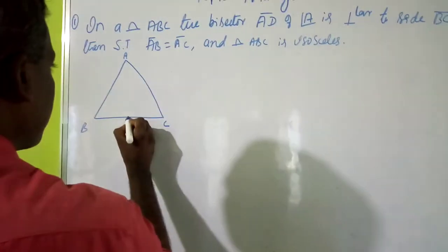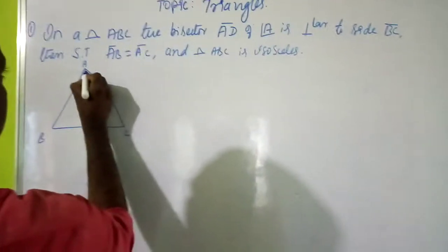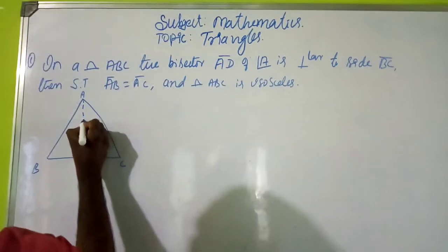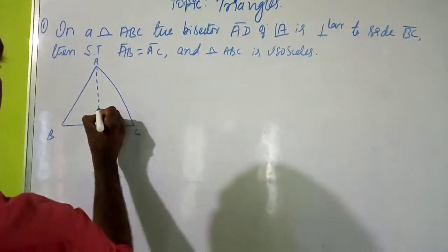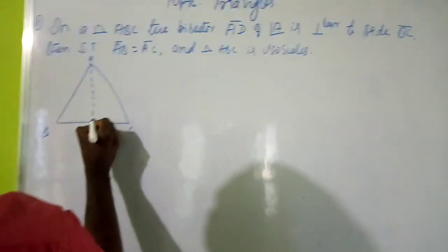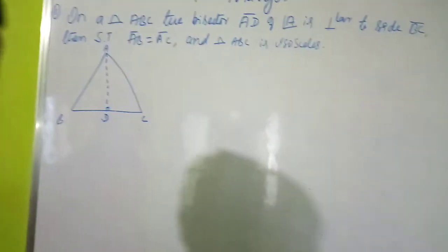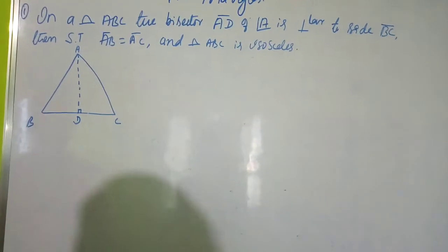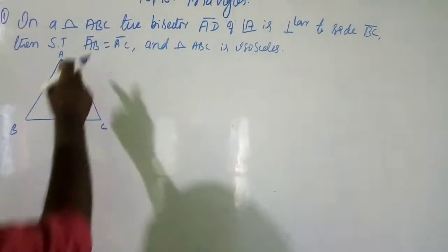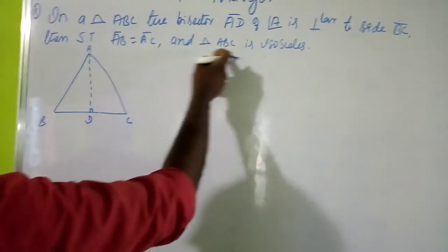AD is perpendicular, it means from here this is perpendicular. This is a point D on BC. Now we want to prove first that AB is equal to AC, then after that you can show that ABC is an isosceles triangle.